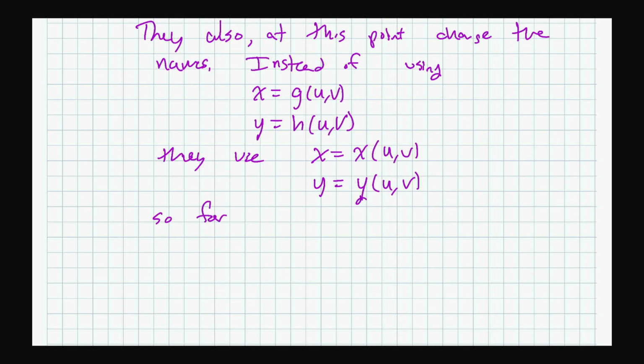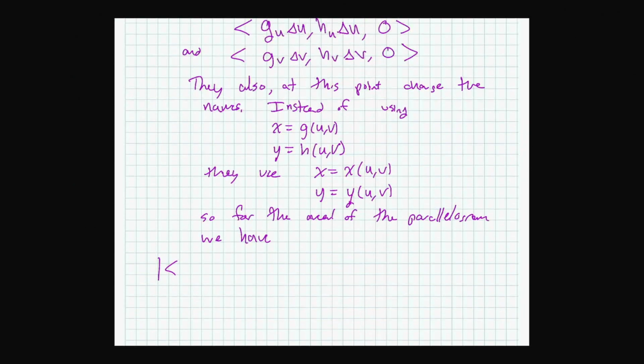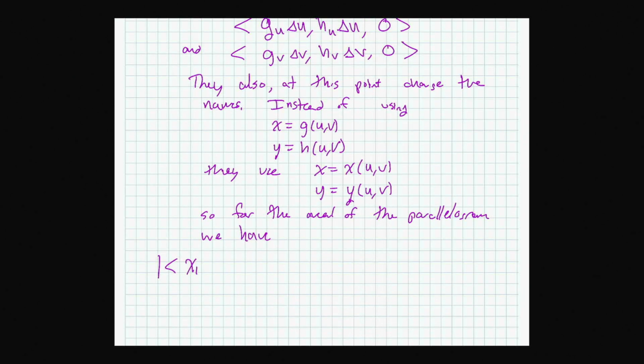So for the area of the parallelogram, we want the magnitude of xu delta u, yu delta u, 0 cross xv delta v, yv delta v, comma 0.